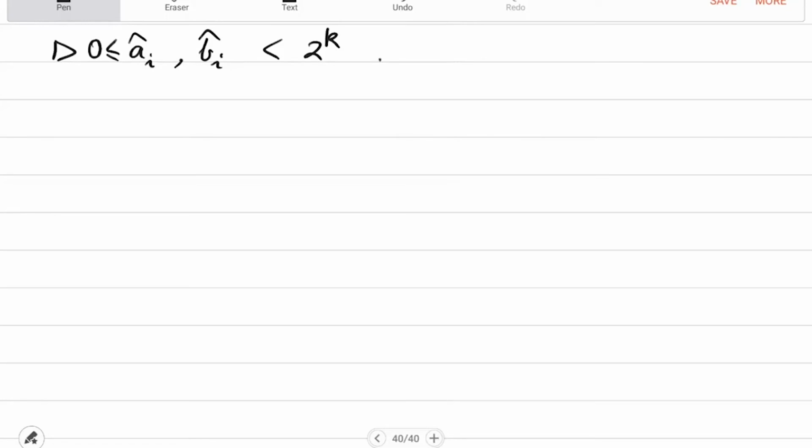This is the range of ai hat, bi hat for all i. And how do you go back from a hat to a?